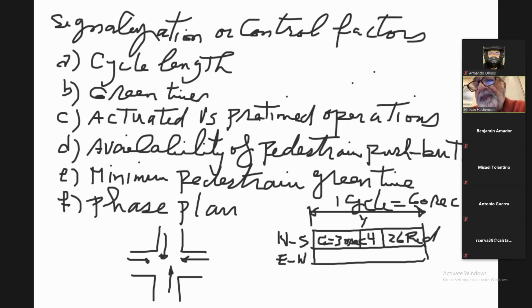And then we have 3-phase, 4-phase, 5-phase, 6-phase, all the way to 8-phase. What are those phases? For instance, while these are going, maybe there is a phase for a left turn. That's another signal for making a left turn, so that makes it another phase.